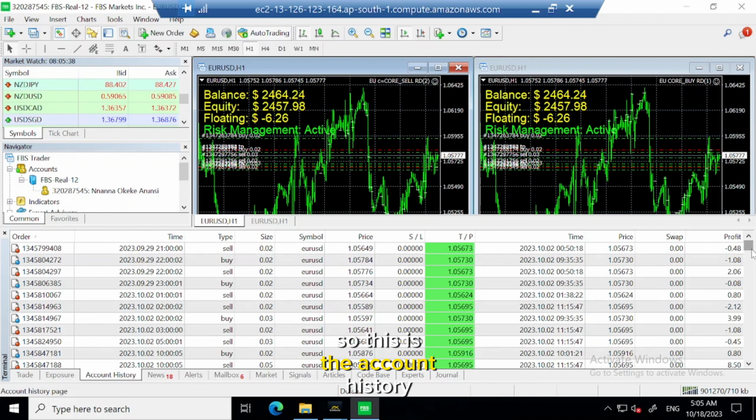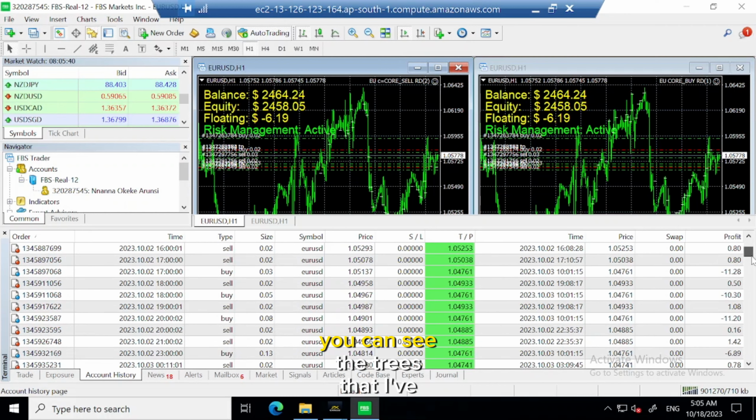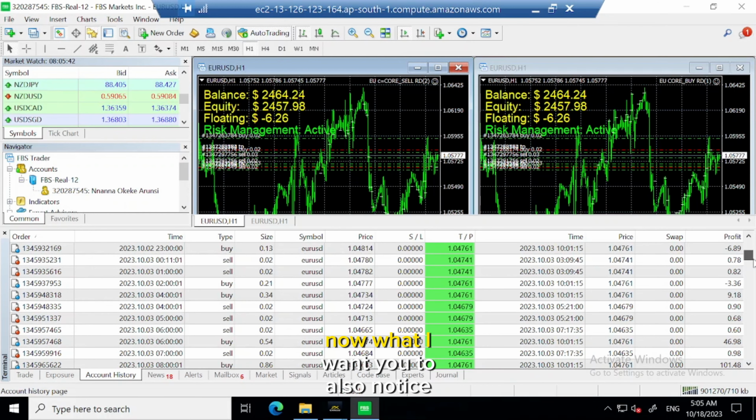This is the account history also. You can see the trades that have been taken. What I want you to notice here is that it is not all wins. You can see this is -$6, -$3, this is +9, +46. So there are losses. The bot does close trades in losses, probably the ones that hit stop loss, but it always overall closes the day in profit.